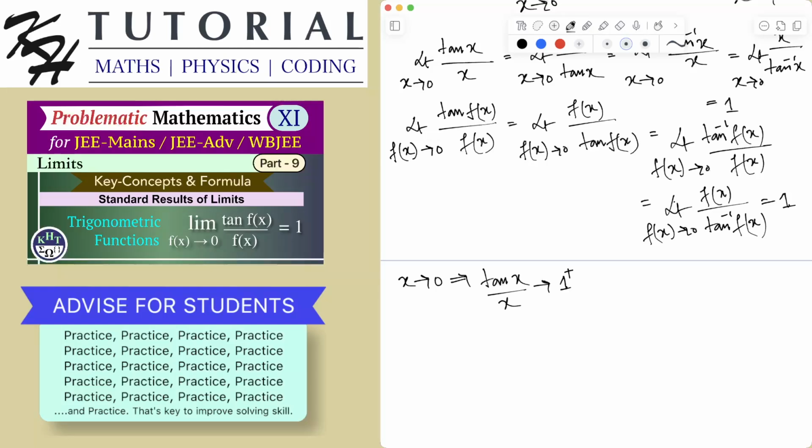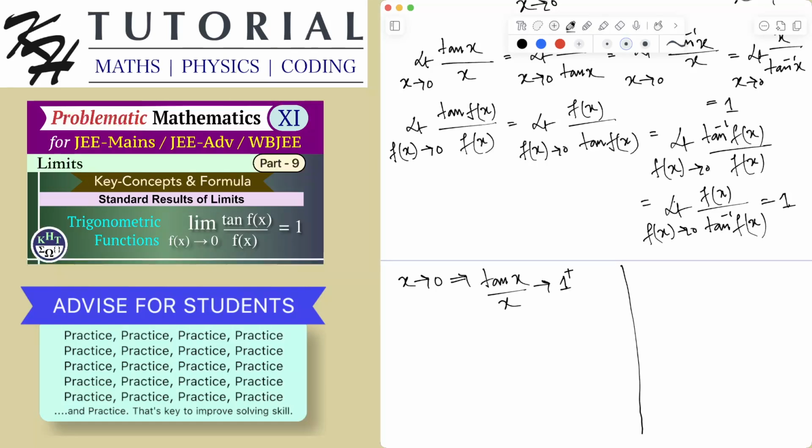Why is that? We can prove this using L'Hopital's rule. But since when x tends to 0 the value of tan x by x tends to 1 positive, in the language of limits we say that the limiting value of tan x by x when x tends to 0 is 1.